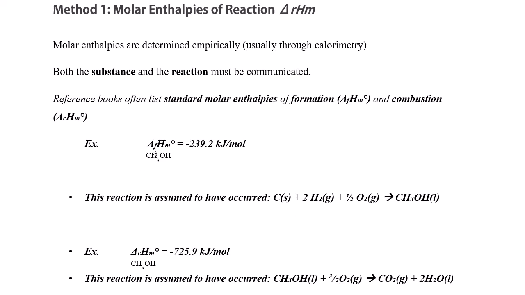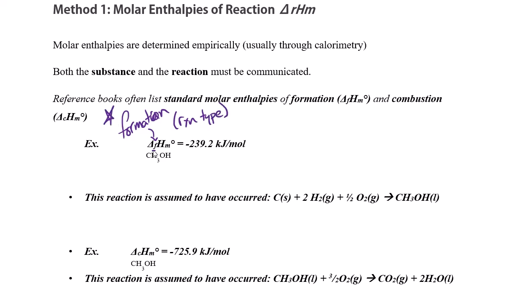Now remember, when we're expressing these enthalpies, we can use a little subscript letter here to specify the reaction type. And the F means that this is a formation. So that's my reaction type. And that's a really important piece of information.